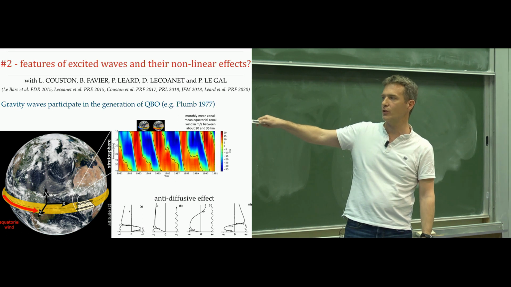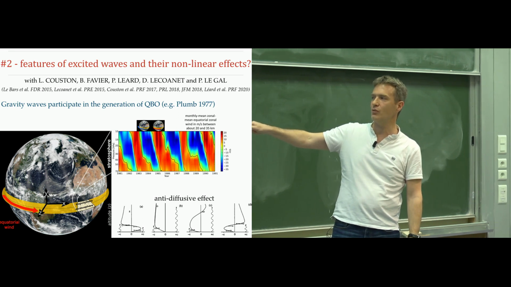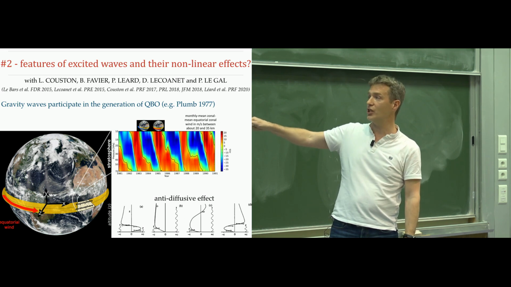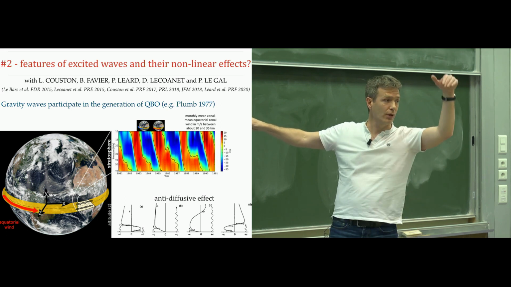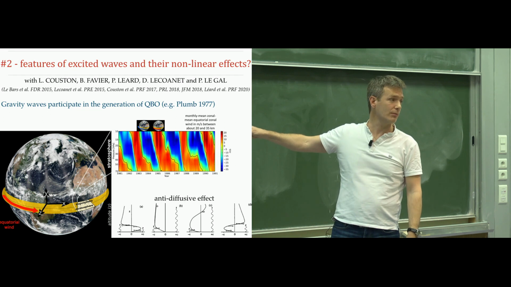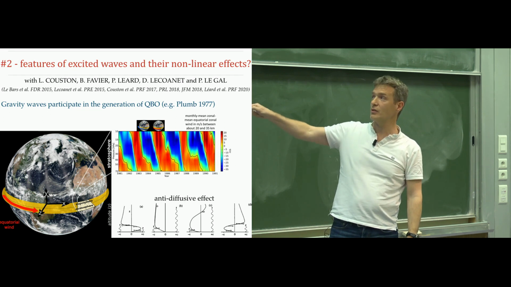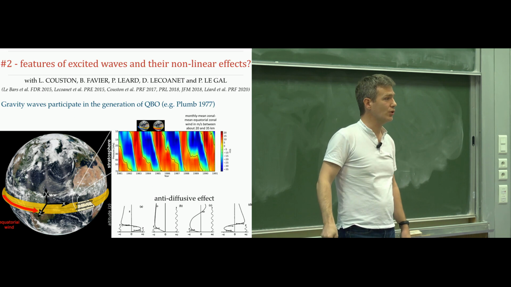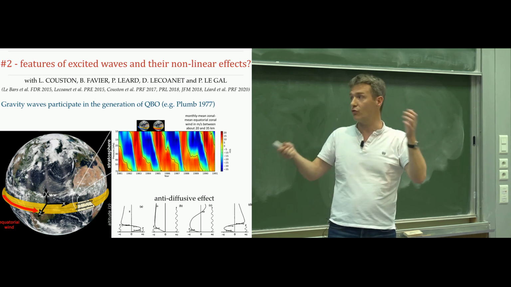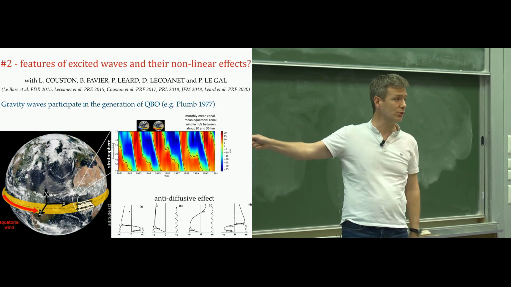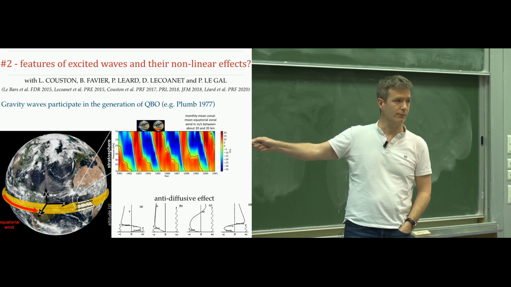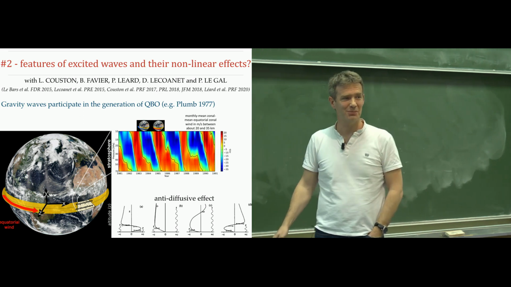And then you have a new configuration where this negative wave will damp here, the positive waves will go higher up, generate a mean flow higher up, and a new cycle will begin. So that explains the downward phase propagation of the reversal, and it just comes from this specific property of internal gravity waves. Okay, for the mechanism?